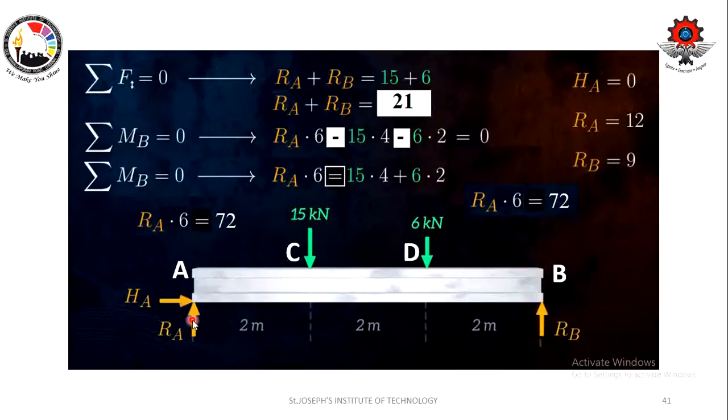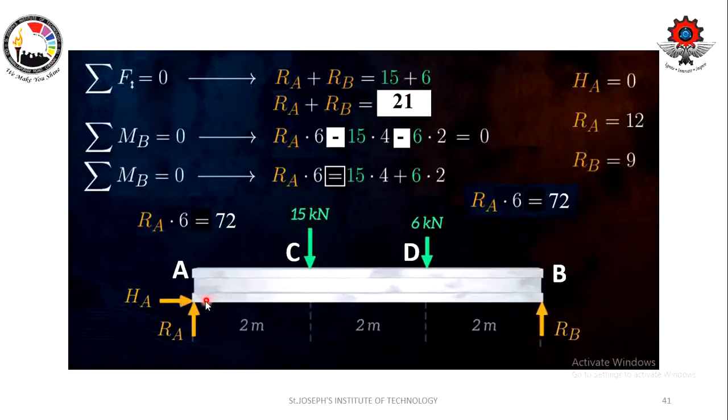We start from the left side, traveling from left to right. So RA, the total distance is 6. To reach the point B, it has to travel a distance of 6. So RA into 6, which we have written here. This RA into 6 is making a clockwise direction.